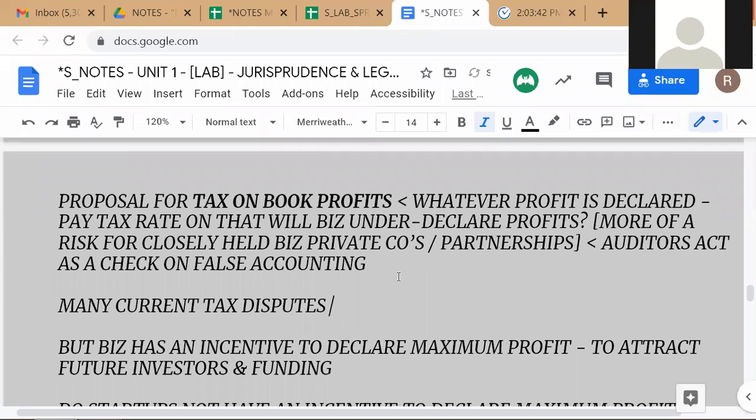This is an important thing to understand because it's related to your business law topic, and it is a very real issue in this country. That's why the government has now started something called the direct tax Vivad se Vishwas scheme, where they want to settle all these outstanding tax disputes. So many current tax disputes relate to determining taxable income. What is your taxable income?